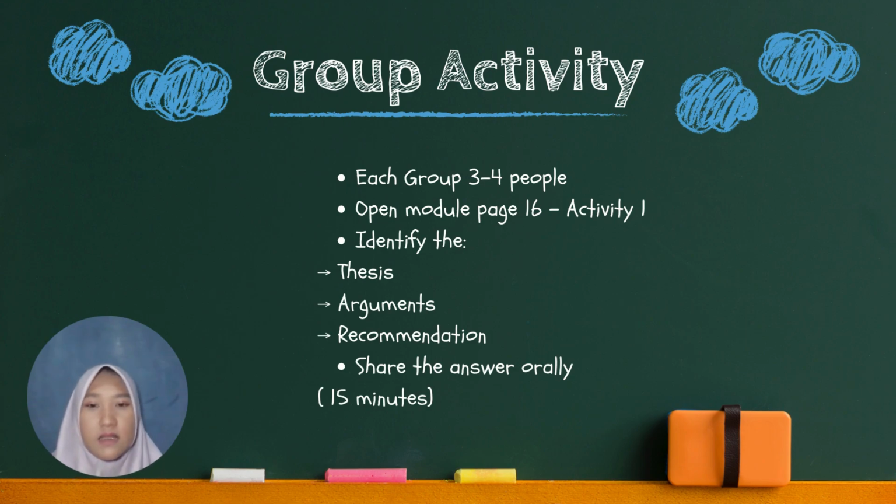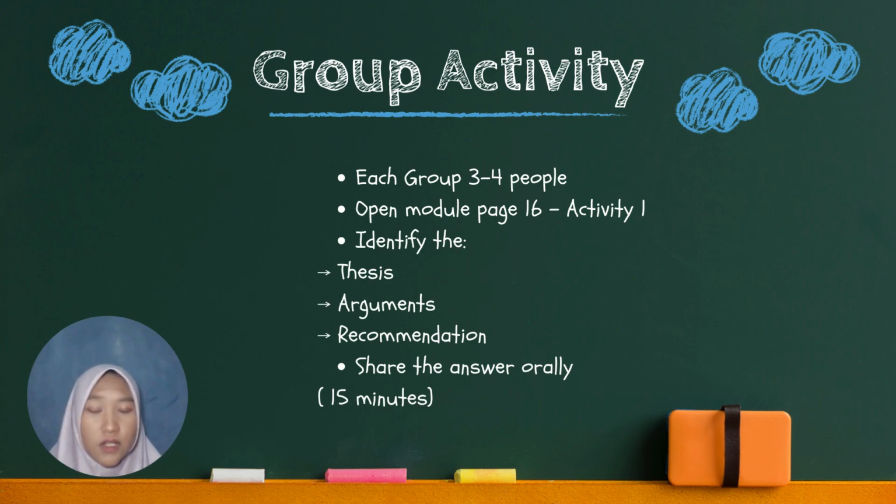Alright guys, the next activity will be in groups. Now you can make a group consisting of 3 or 4 people each. Done? Okay, next, please open the module, page 16, the hortatory text module, for activity 1. Do you find the text? Okay.